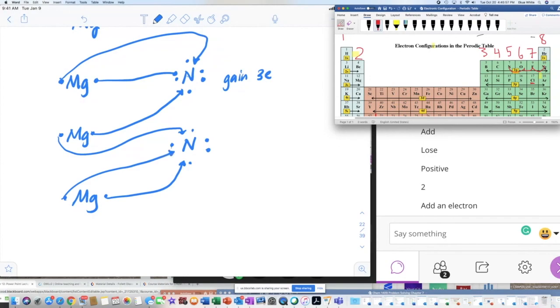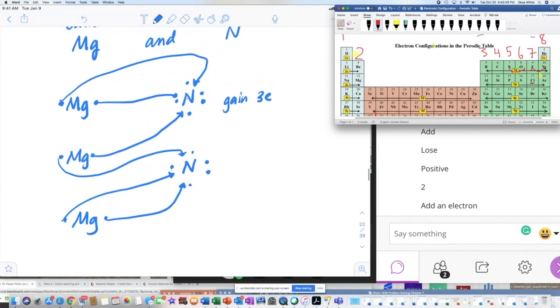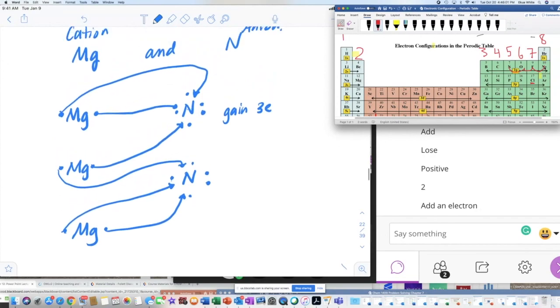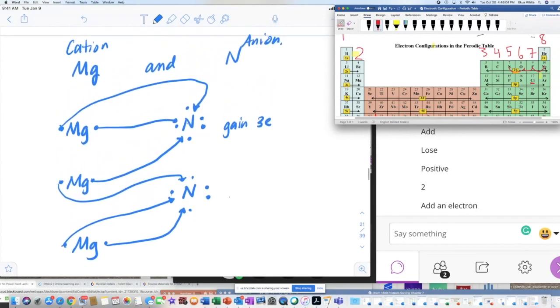Is everybody satisfied? Yeah. Have the nitrogens gained 3 electrons? Yes. Right here. Gain 3 electrons. So what happens is nitrogen gains 3 electrons, but magnesium gives out 2 electrons, right?